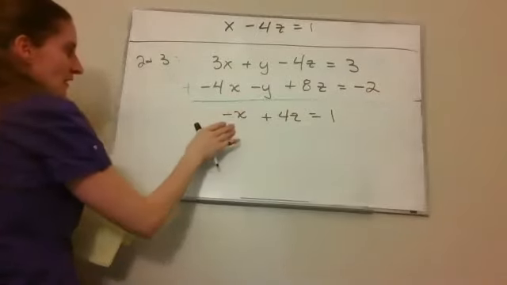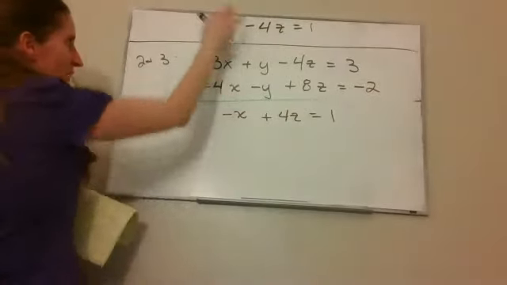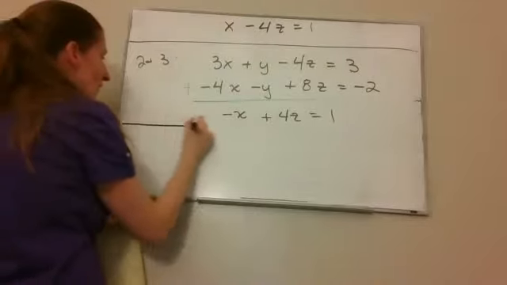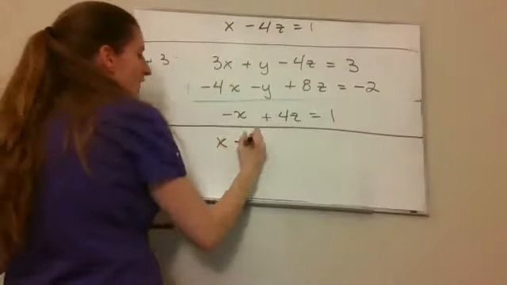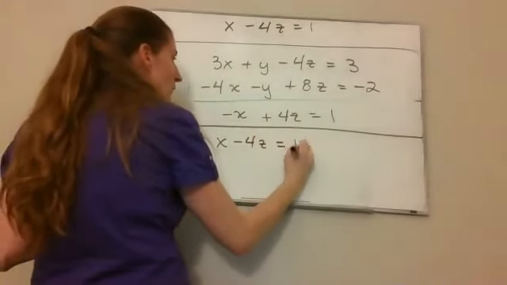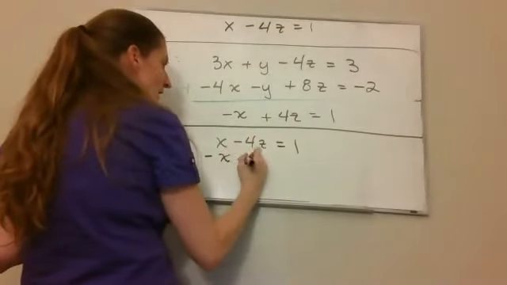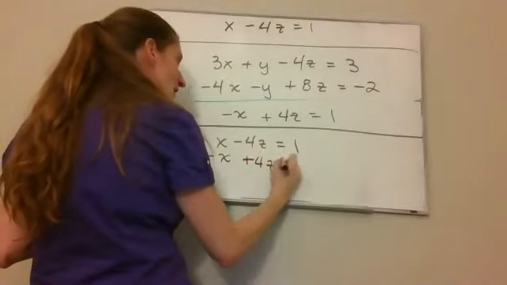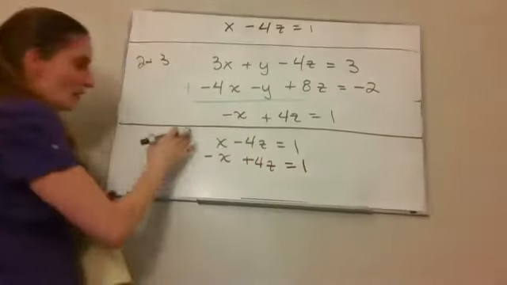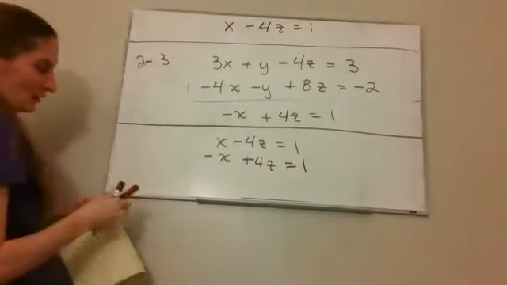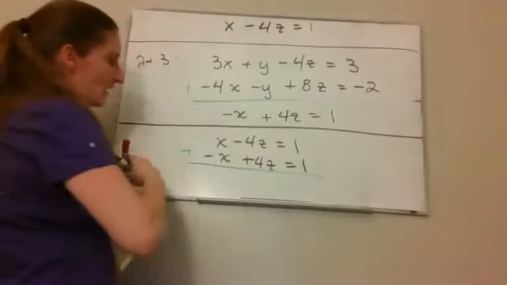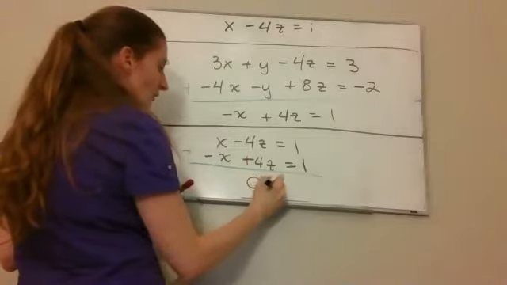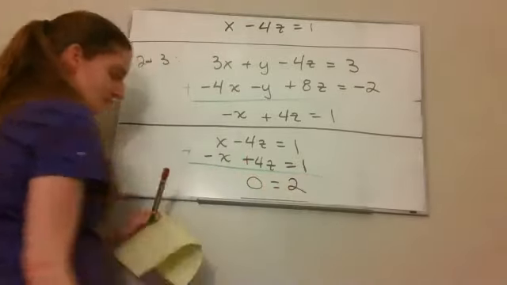Now I can take this equation and pair it up with the equation that we got before. I have x minus 4z equals 1 and negative x plus 4z equals 1. And it's already set up for elimination. My x's are opposites. Add the two equations together, and I get 0 equals 2.